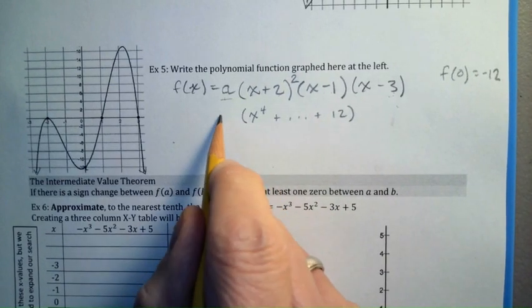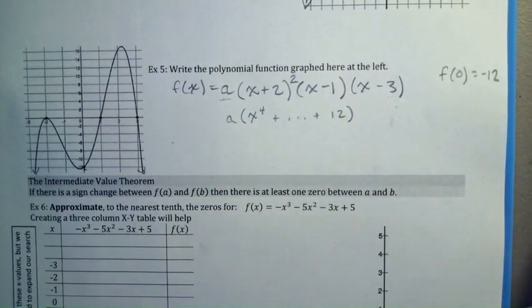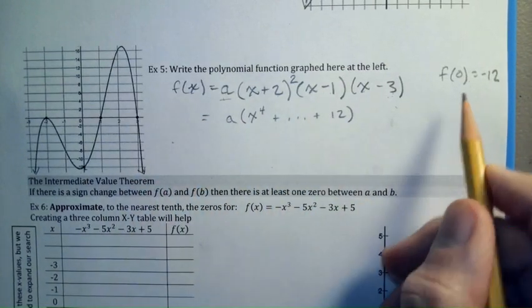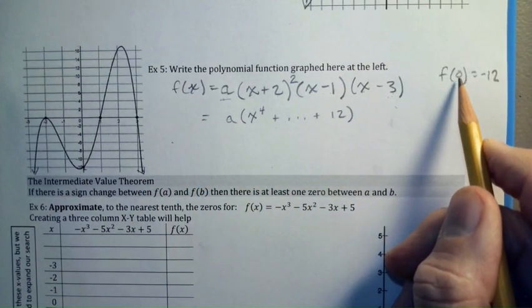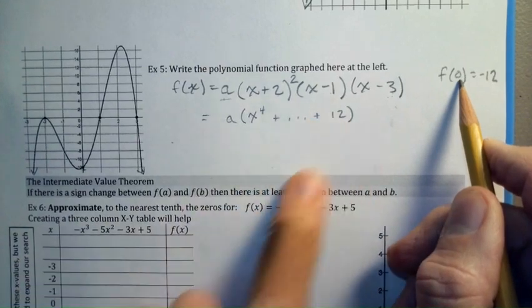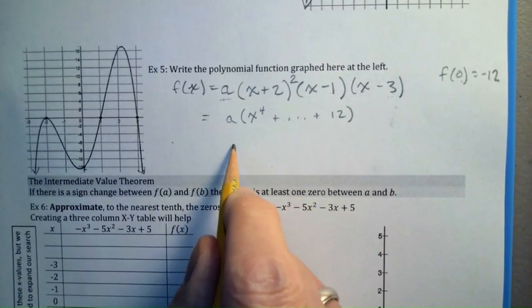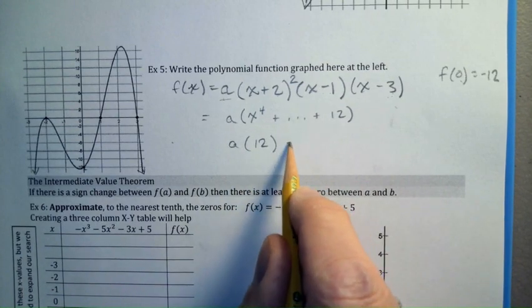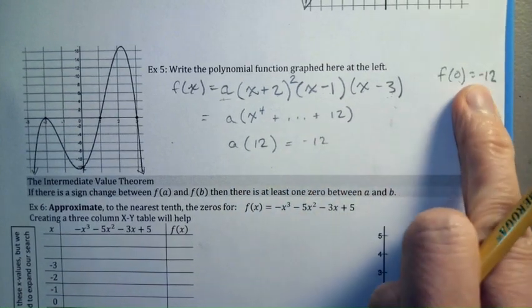So with the A out in front, if we put a 0 in for the x, then we would end up with A times the 12, and that's equal to negative 12, right? I mean, we're looking at the function.